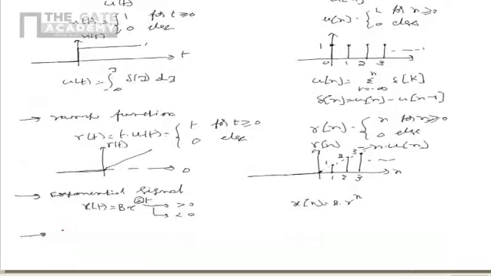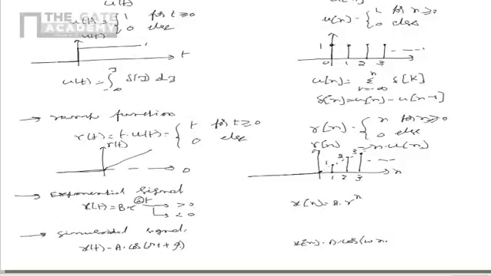Now, the last category that we would be looking into is the sinusoidal signal. In case of continuous time, the sinusoidal signal can be written as f of t is equal to a into cos of omega t plus phi. And in case of discrete time case, the same can be written as x of n is equal to a into cos of omega n plus phi.